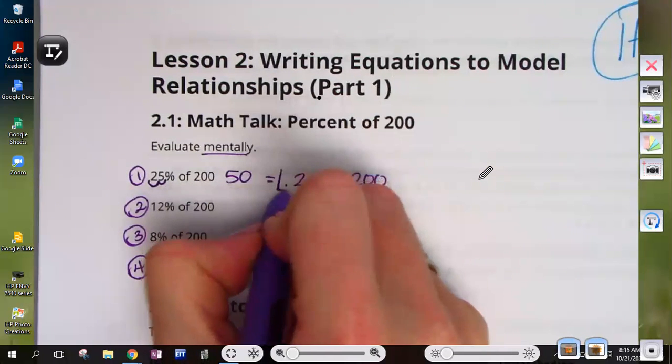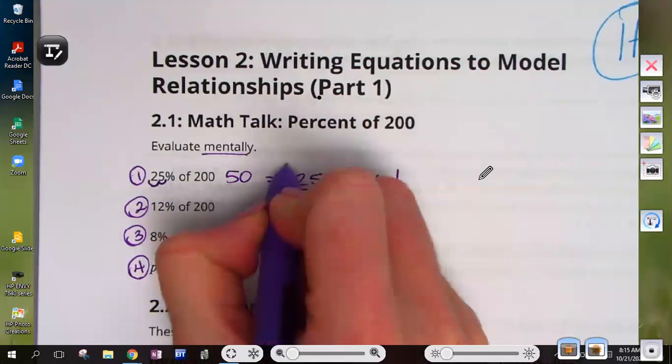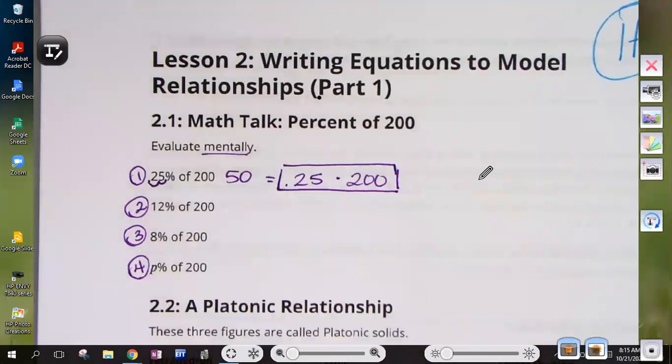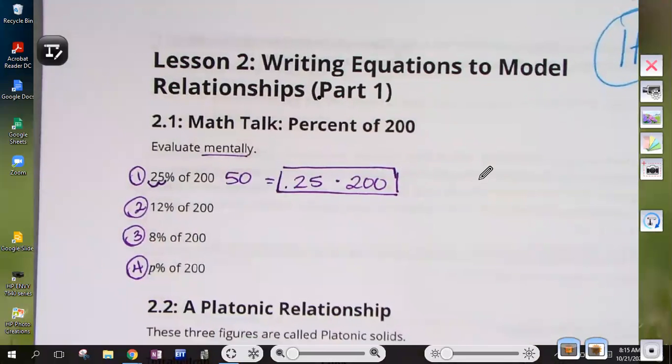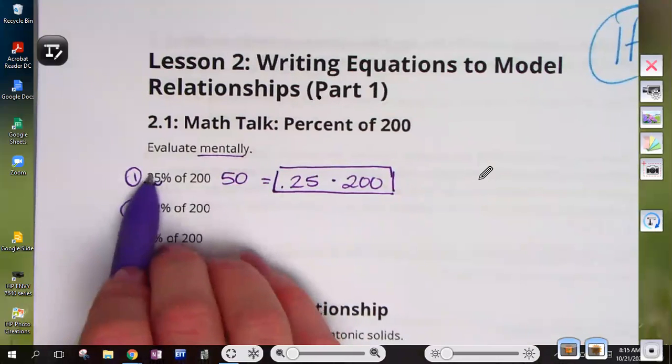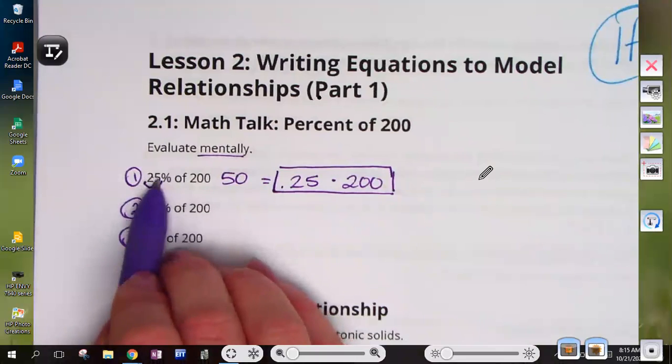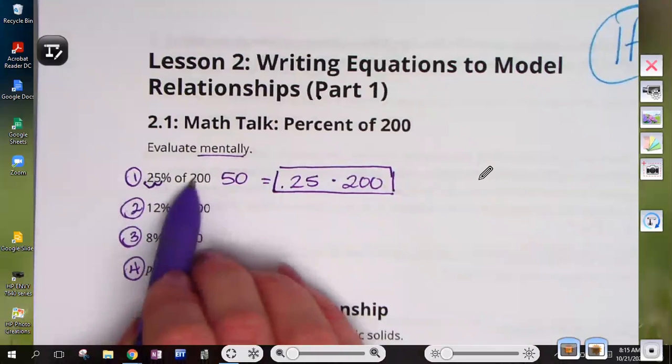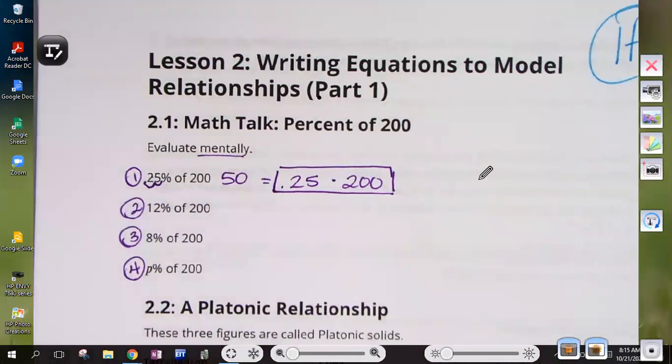That is correct. Did anyone else solve it differently than that? Are you raising your hand? Hayden? I just did 200 divided by 4. 25%. Okay. So he knew that 25% is 1/4. So 1/4 of 200 would just be 200 divided by 4, which is also 50.